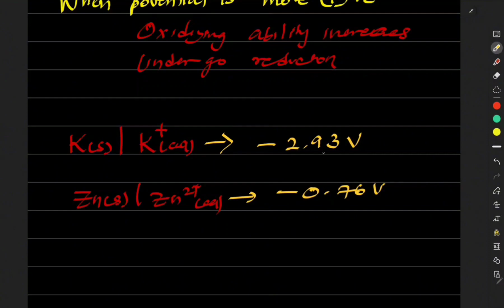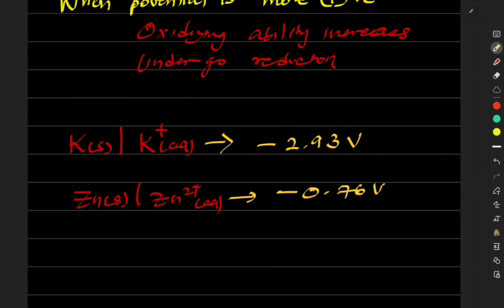This will be the reaction. Potassium will undergo oxidation and zinc will undergo reduction. Oxidation means they release electrons, reduction means they gain electrons. More negative means they already have more electrons, since electrons have a negative charge.